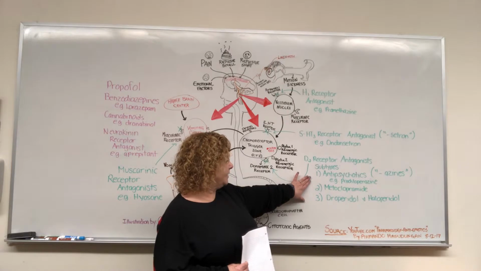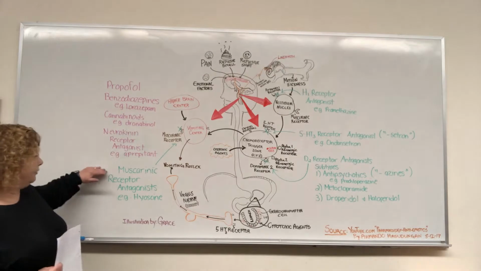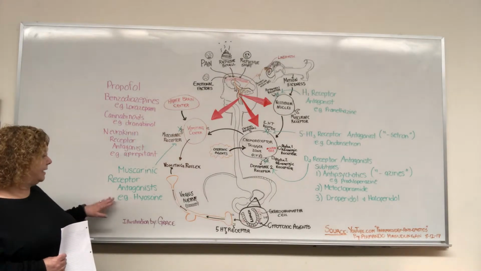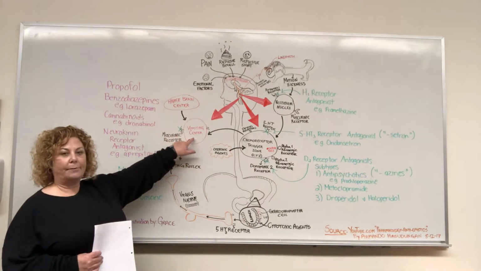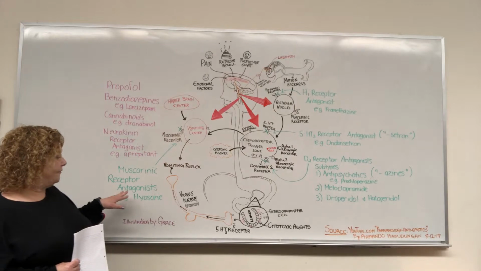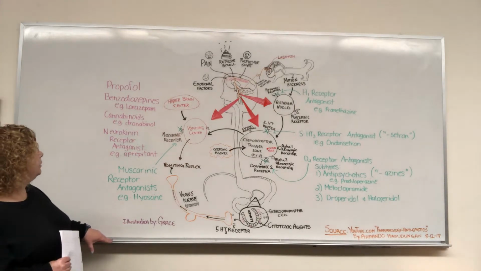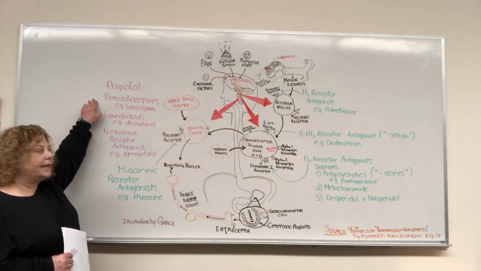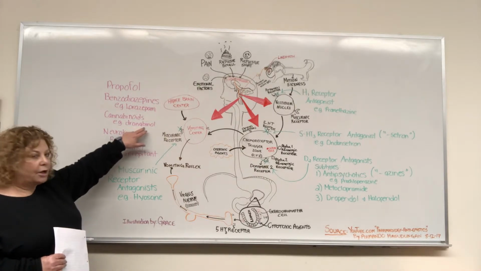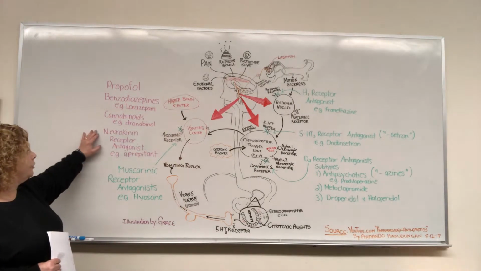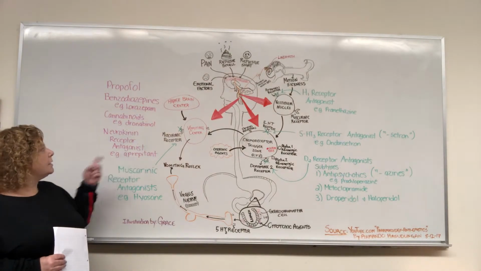are effective antiemetic agents. There's also muscarinic receptor antagonists, and an example of that is hyoscine, and they actually bind to the muscarinic receptors in the vomiting center and take their effect there. Other classes of antiemetics include benzodiazepines like Ativan, cannabinoids like dronabinol, that's Marinol, and then there are neurokinin receptor antagonists, and these are newer drugs.